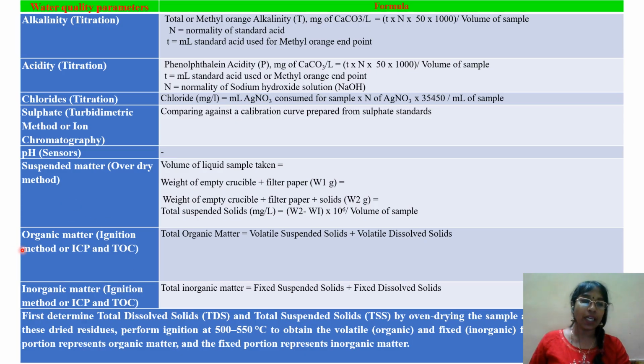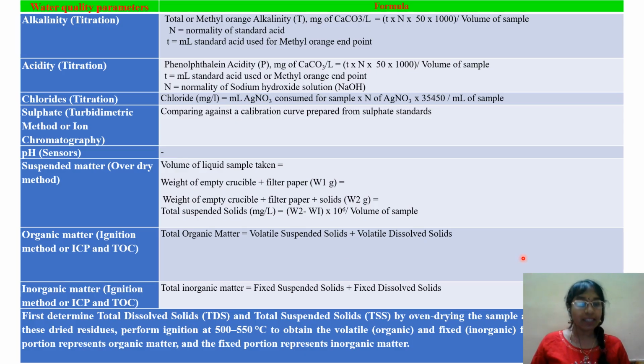Whereas for suspended organic and inorganic matter, first we need to determine the total dissolved solids and total suspended solids by the oven drying method. Keep the sample at 105 degrees, maybe for 1 or 2 hours is enough. It will be dried.